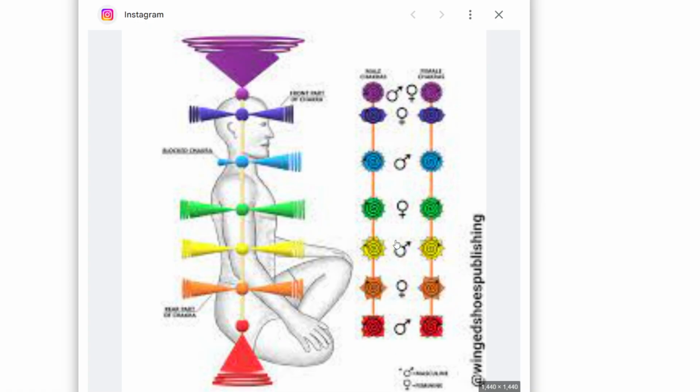This is male, female, male, female, male, female. So the six chakras are male, female, female, and different types. And then the Sahasrar is both male and female.